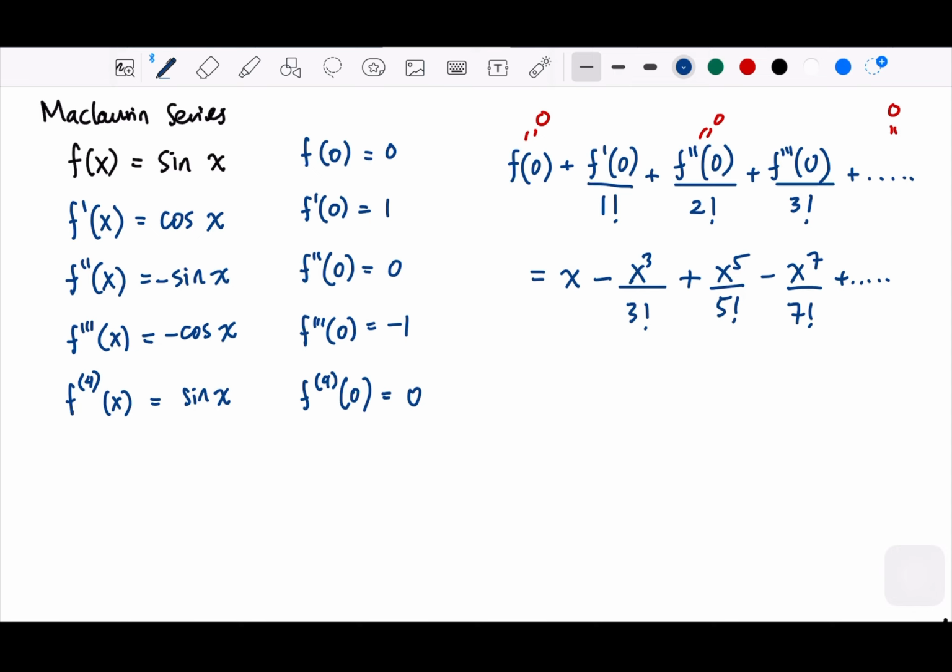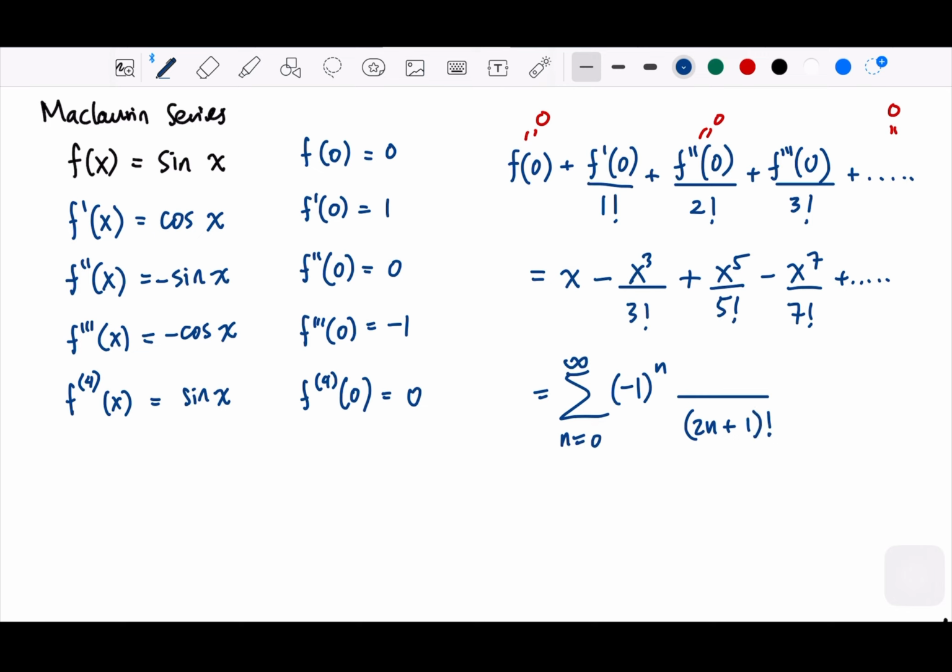And then from this alternating series we can write this as a sum, with minus 1 to the n, over 2n plus 1 factorial.